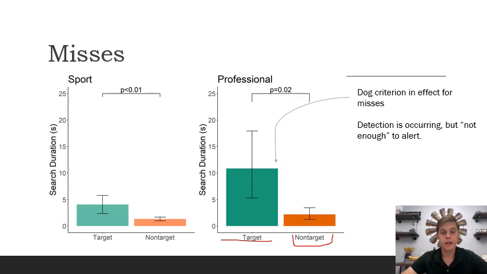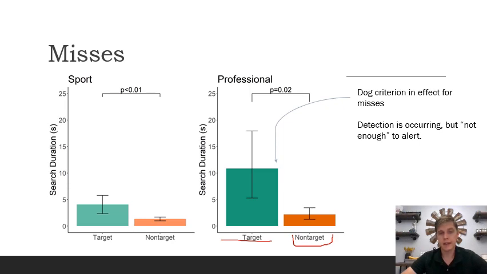So neither of them were alerted towards, they were both misses, but we looked at how long they investigated, and both our professional and our sport dogs showed more investigation, even though they didn't alert to it, to the target odor than to the non-target odor. So to me, this suggests that in this particular situation, we had what I consider probably more conservative dogs.